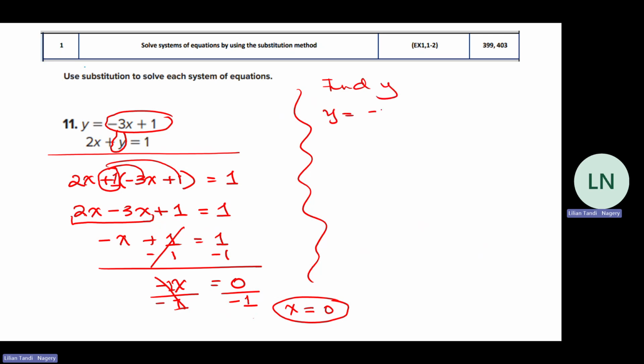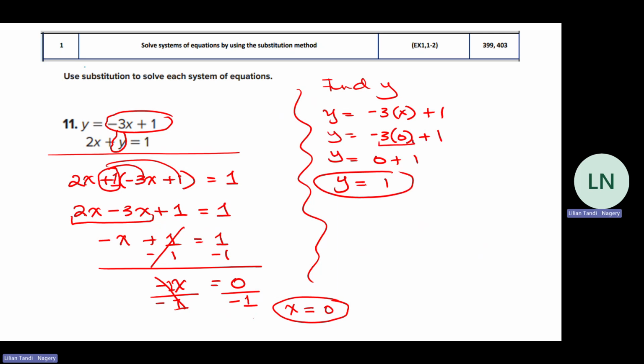Y equals to negative 3 parenthesis x plus 1, negative 3 parenthesis 0 plus 1, 0 plus 1, 1. Y is 1. Okay. Then solution, x comma y.